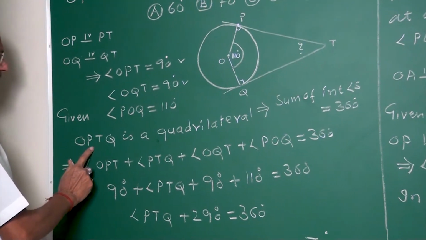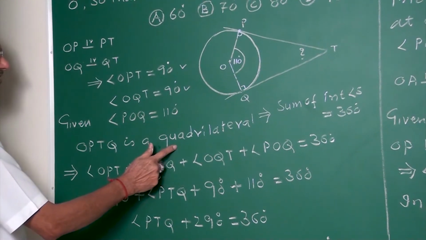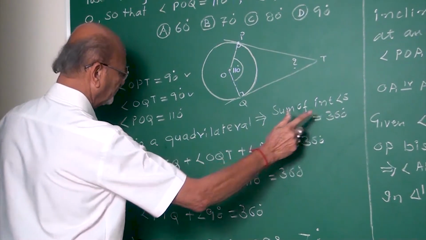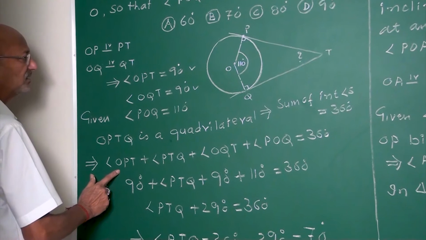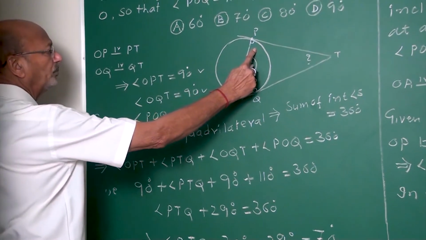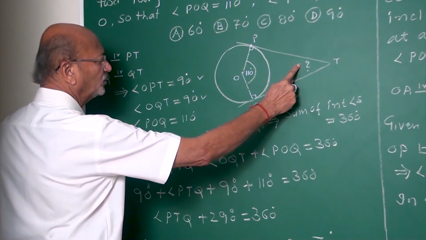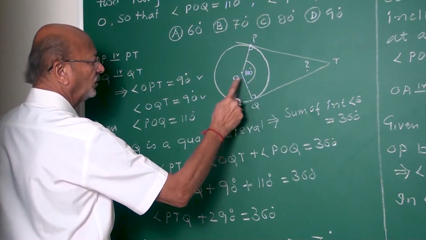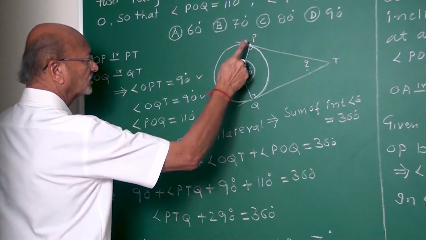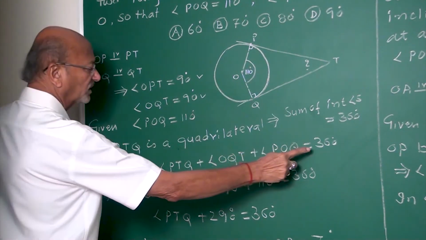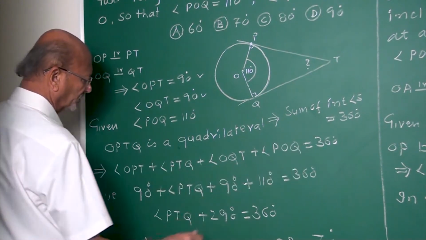I will explain here. This OPTQ is a quadrilateral. Therefore, the sum of interior angles is 360 degrees. First angle OPT, plus second PTQ, plus third OQT, plus fourth POQ. These are the four angles. The sum of the four angles in a quadrilateral is 360 degrees.